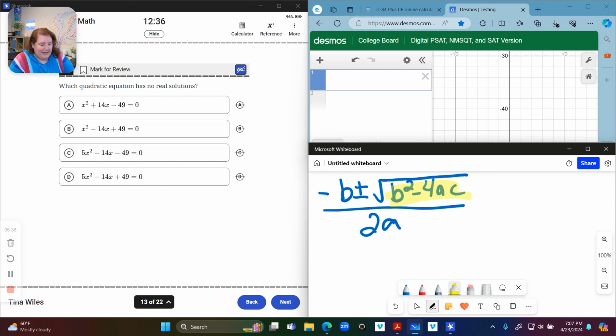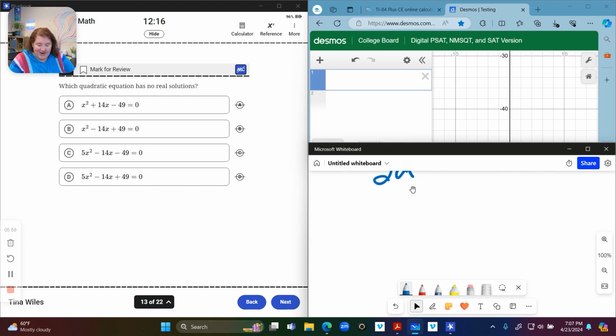If the discriminant is greater than 0, I have 2 answers. If it equals 0, I have 1 answer. And if it's less than 0, I have no real answers. So b squared minus 4ac would have to be less than 0.